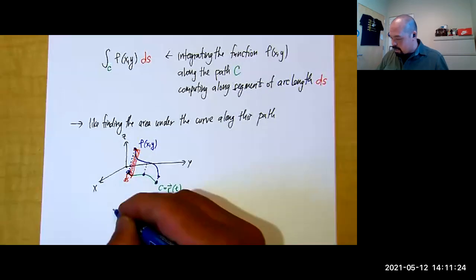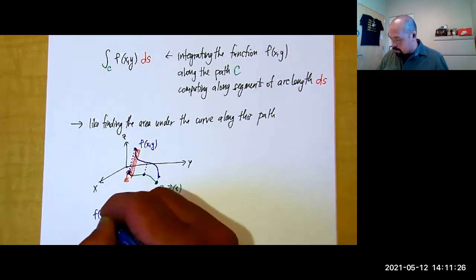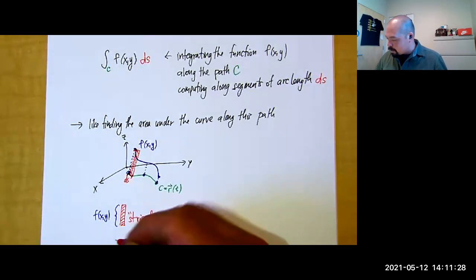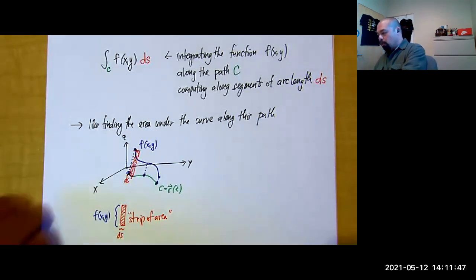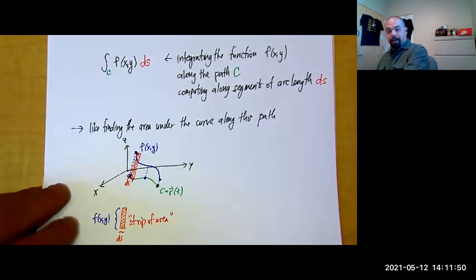It's getting our height times the width, and we're just summing those up along our length here, along our curve. Okay. So that's what we're kind of visualizing. That's this overall idea that we're conveying.